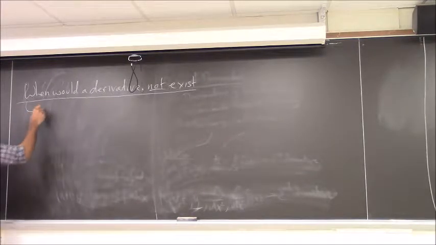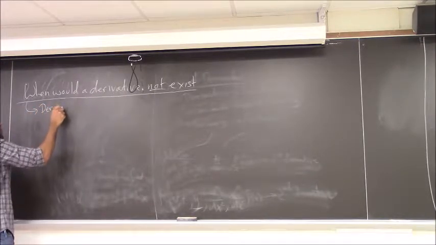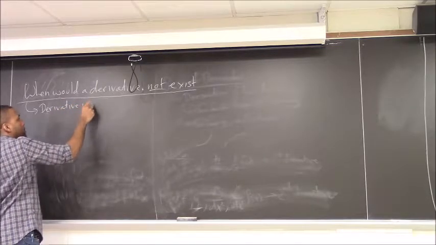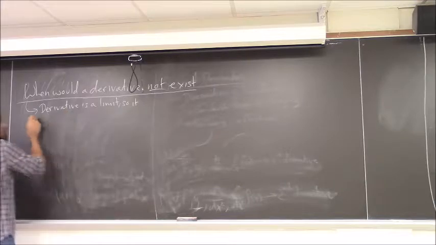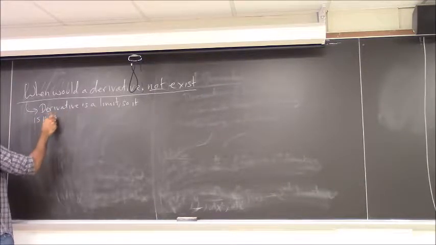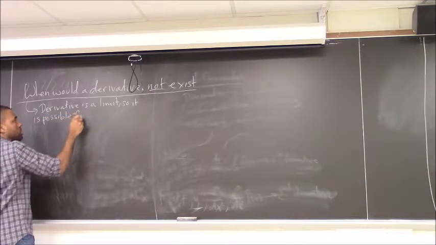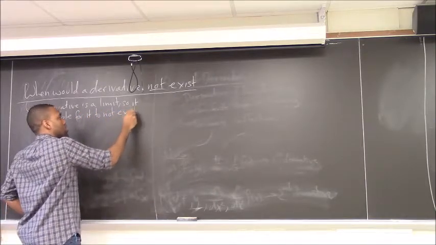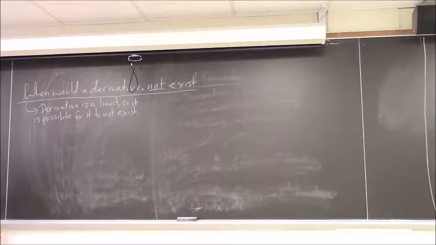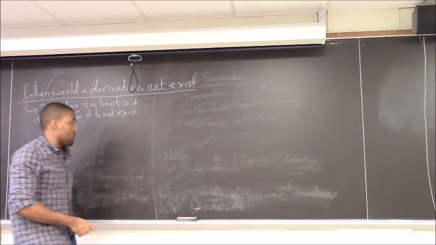A derivative is a limit, so it is possible for it to not exist, because limits can fail to exist. So let's discuss some situations where a derivative will not work.